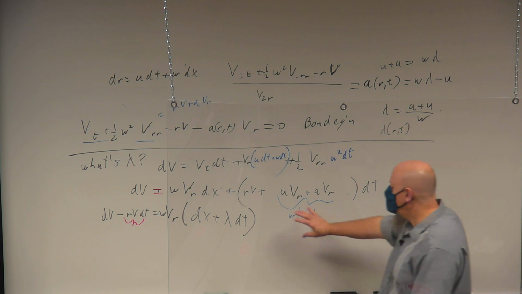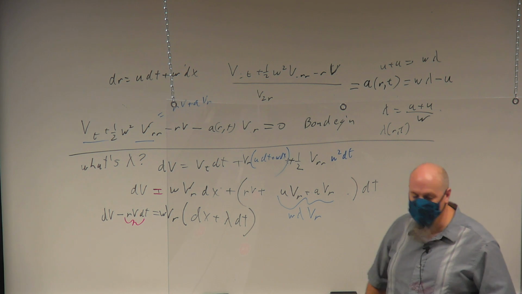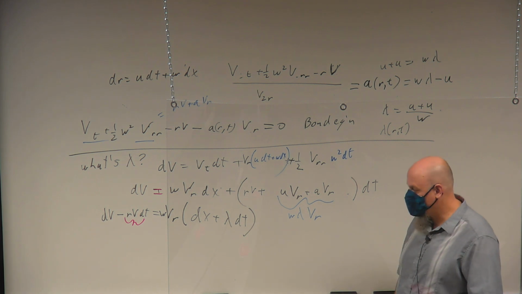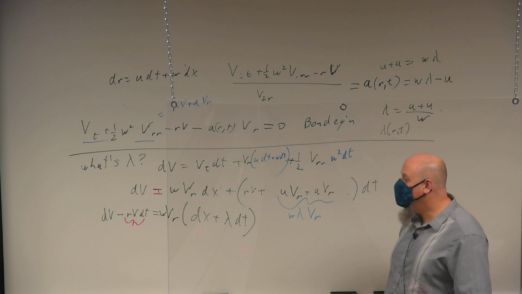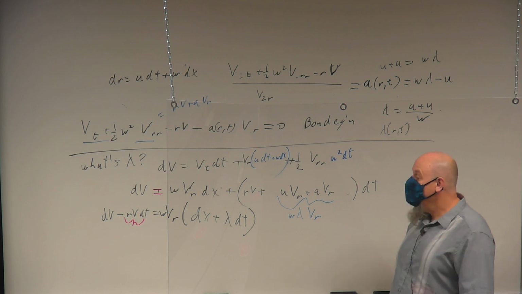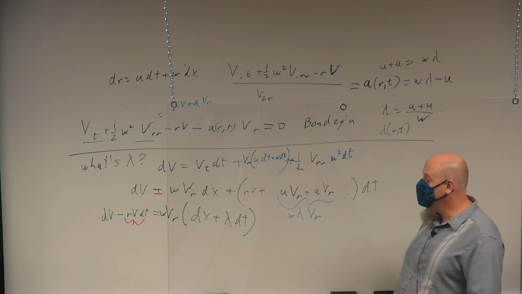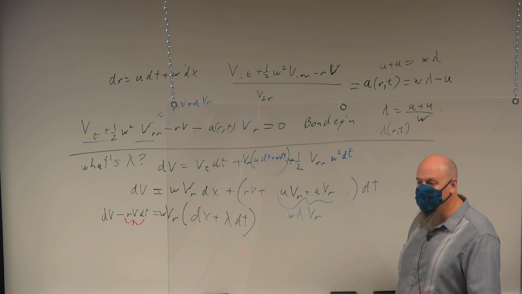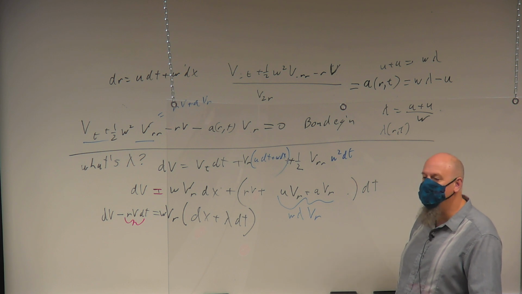So this is the expression that I wanted to get at, because it's algebraically saying something to me. That RV dt, that's how much money you would get if you took V dollars, invested it at the risk-free rate R for a short amount of time dt.